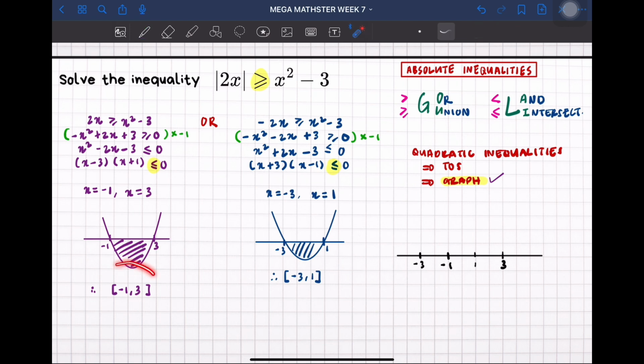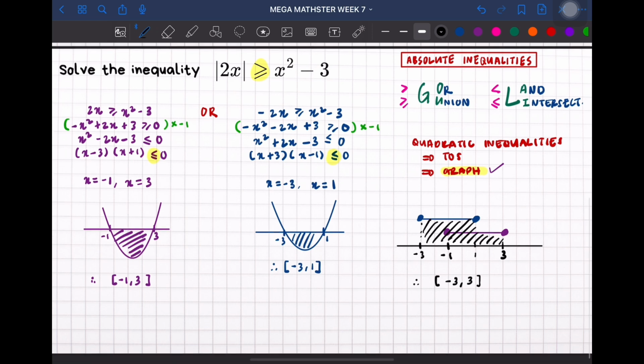For the purple one, we have negative 1 included until 3 included. For the blue one, we have from negative 3 until 1, also included. So the union of these is from negative 3 until 3. The answer is negative 3 until 3, and since it is included on both ends, we use the close bracket.